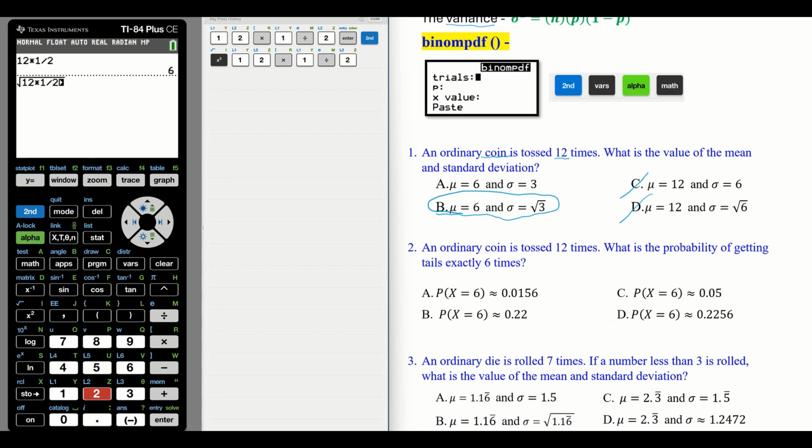Now we are also going to multiply that times 1 minus our probability, but we need to use our parentheses, because we could run into an order of operations issue.